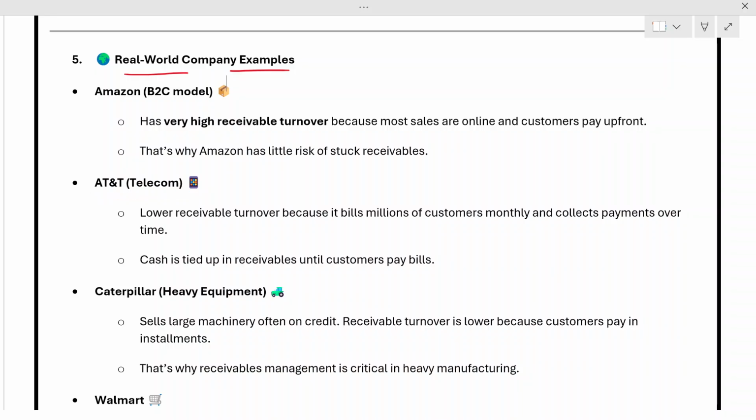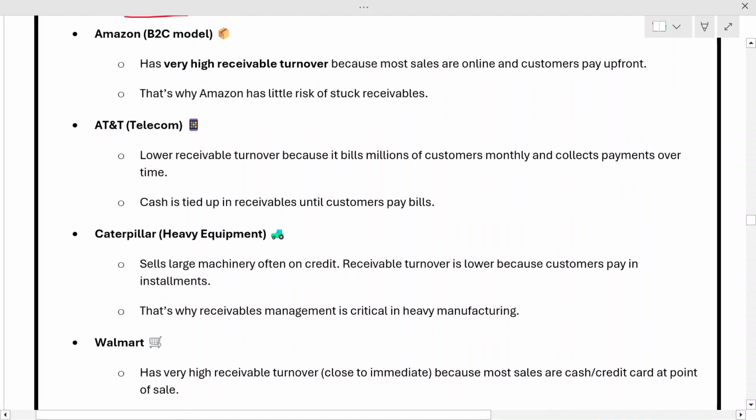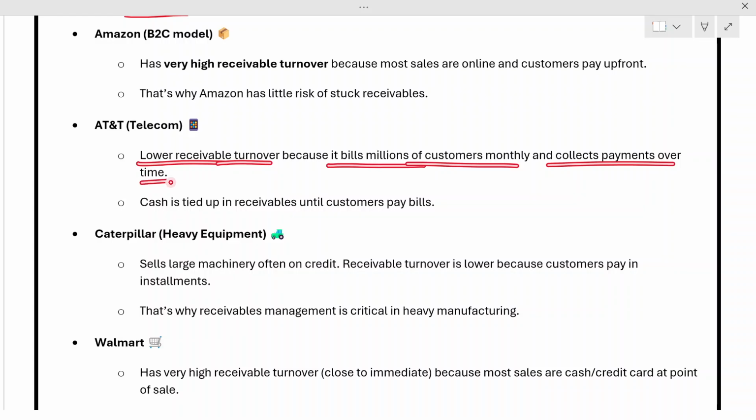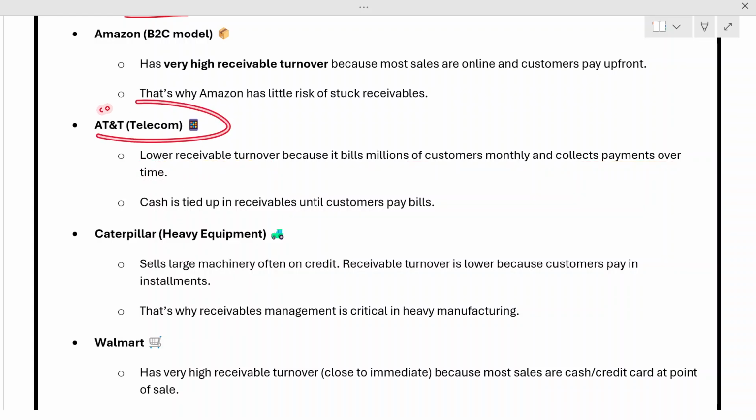Let's see the example of AT&T. They have a lower receivables turnover because they bill millions of customers monthly and collect payments over time. So AT&T bills people monthly and gets payments monthly as well. So their turnover ratio is again very low.